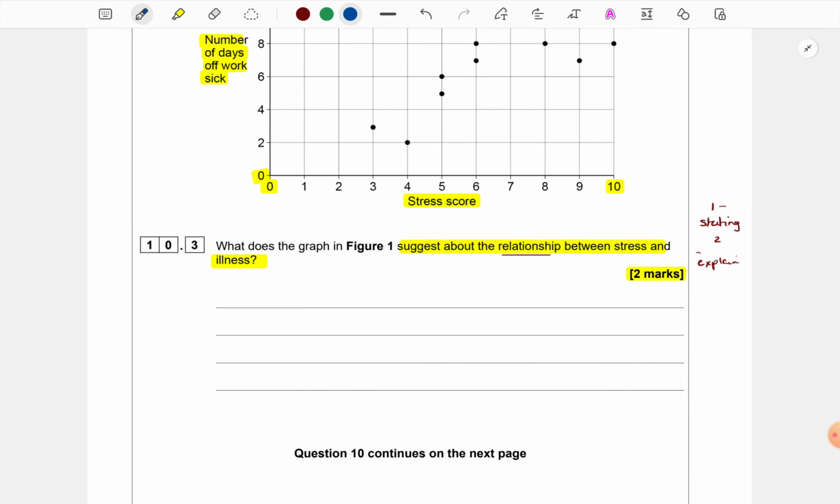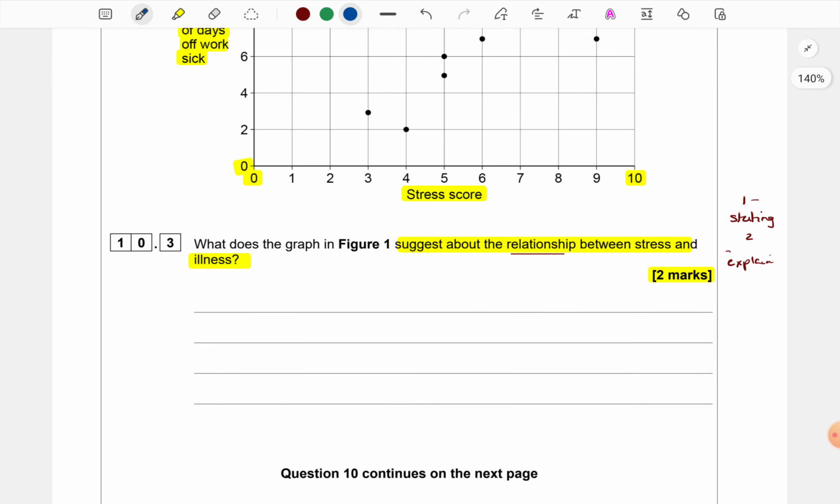So, how we should write the answer is taking the wording from the question. The graph suggests a positive correlation between stress and illness.